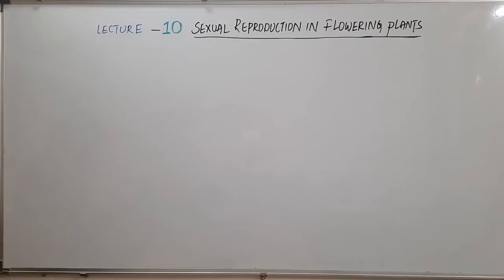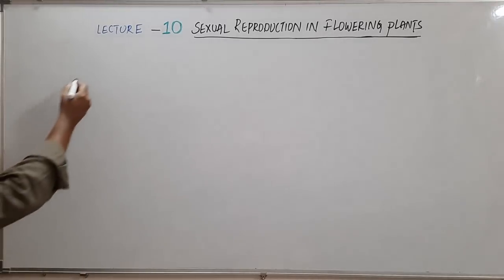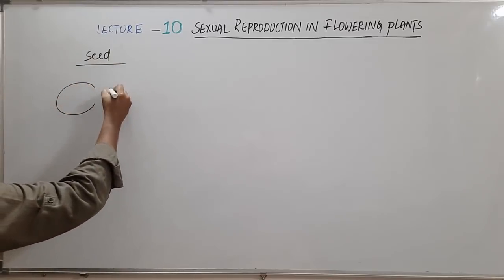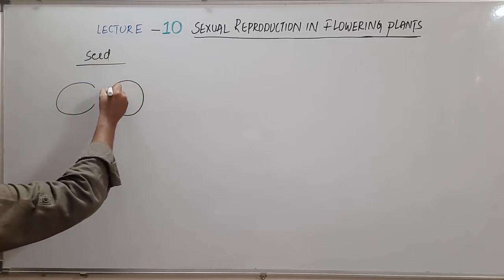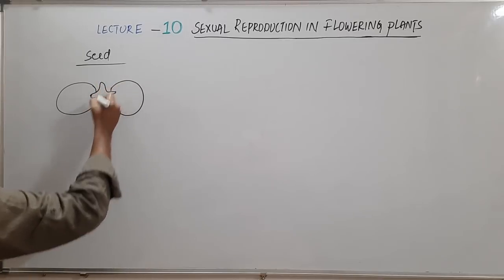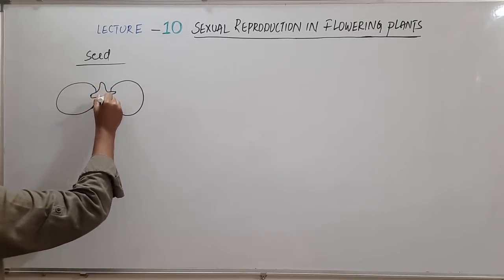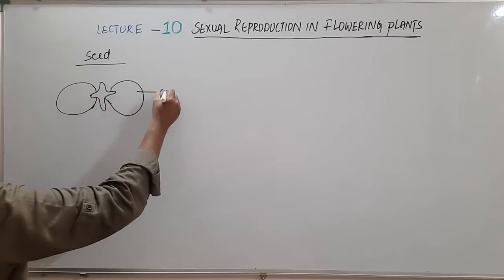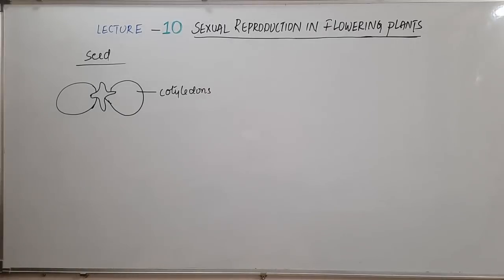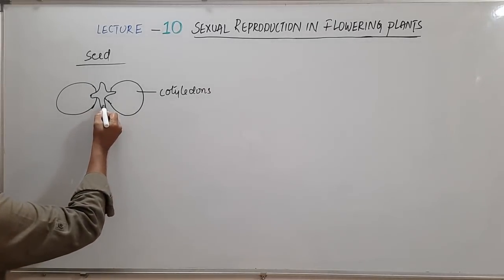Let's see the seed of a dicot. When you open it, you will find two cotyledons, and this is the embryo.